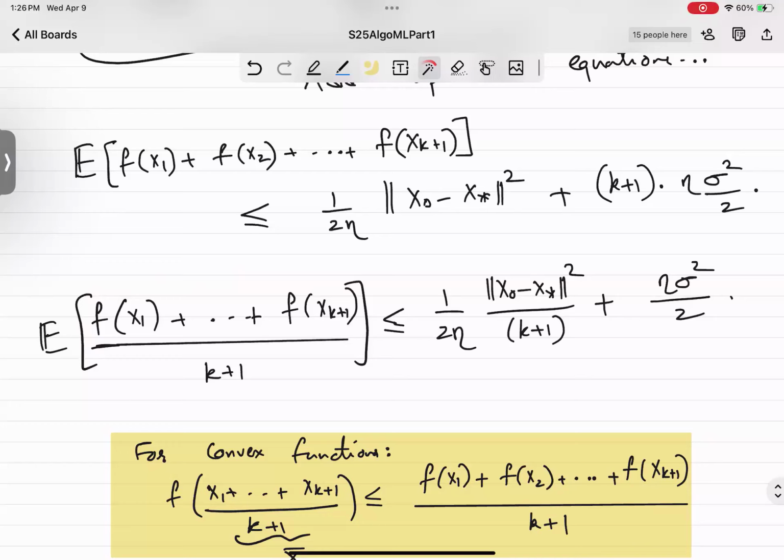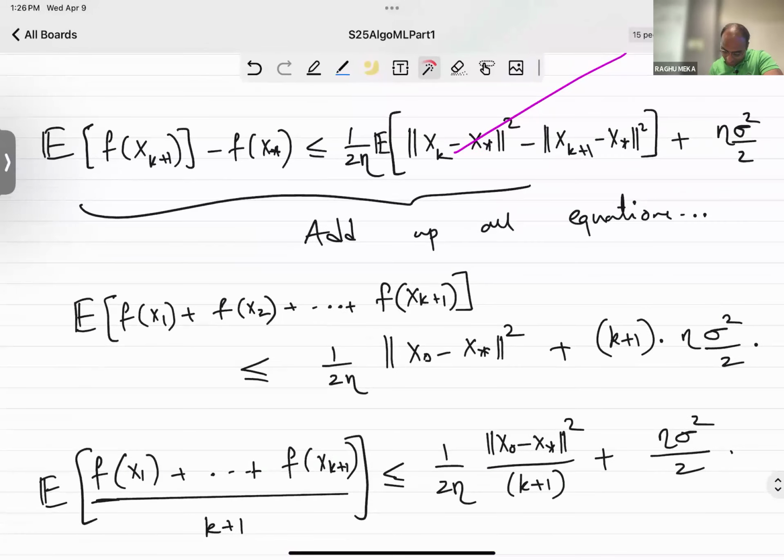Professor? Yeah. Yeah, for the proof, when we add all these equations together, I wonder where did f of x star go? Oh, yes, you're right. Actually, that's important.